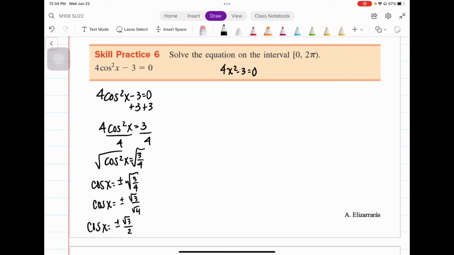When is the cosine of x equal to positive or negative root 3 over 2? Well, this happens in every quadrant. That happens at pi over 6, 5 pi over 6, 7 pi over 6, and 11 pi over 6. We're not doing a general solution here because we are only asking about the interval from 0 to 2 pi.